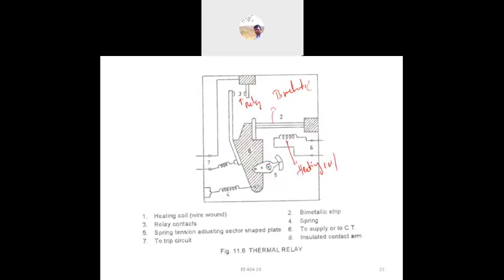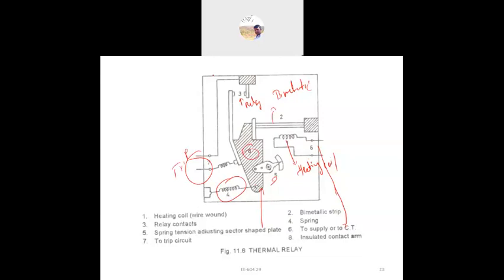Then we have the spring, and the spring tension is adjusted. Next, the supply or CT, then the connections for the trip circuit, and the insulated contact. So this is the thermal relay.